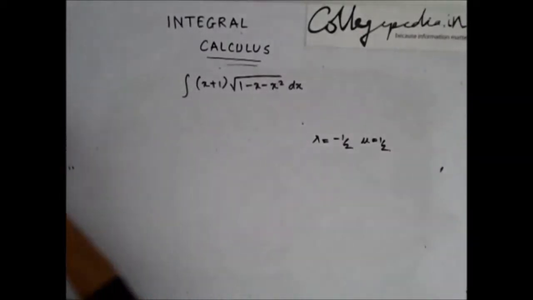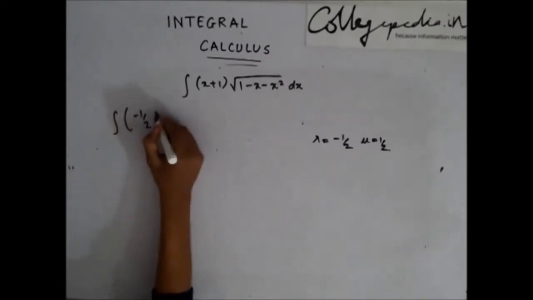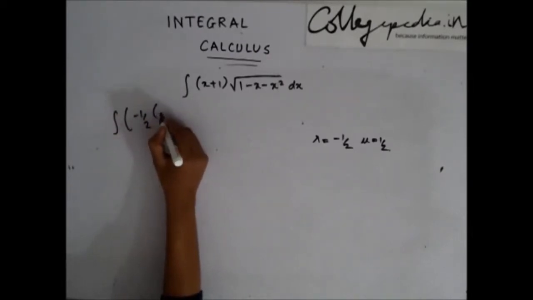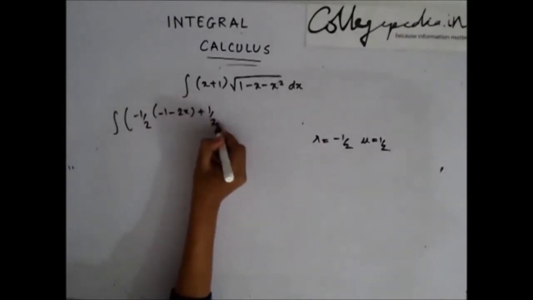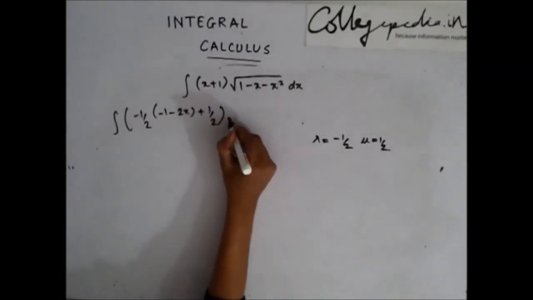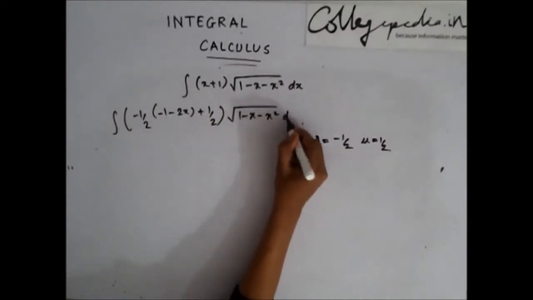Okay, so my equation becomes integration of minus half into minus 1 minus 2x plus half into root of 1 minus x square dx.